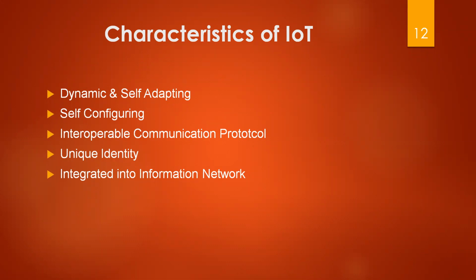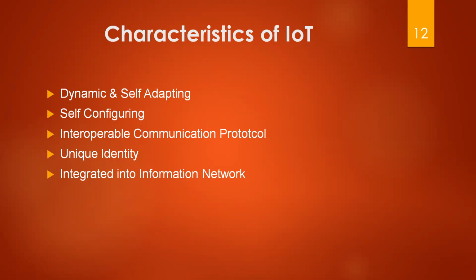The third one is interoperable communication protocol. IoT devices may support a number of interoperable communication protocols and can communicate with other devices and also with the infrastructure. The next one is unique identity. Each IoT device has a unique identity and a unique identifier.